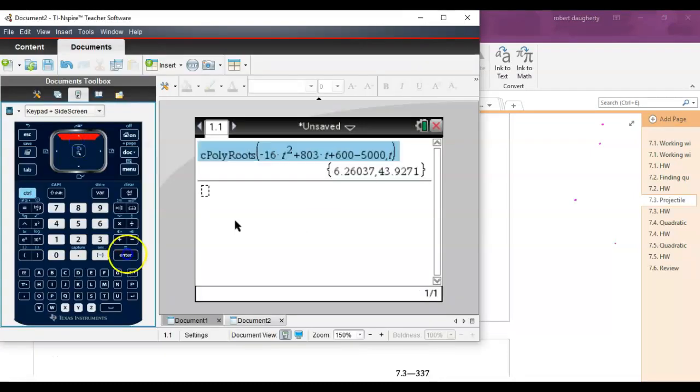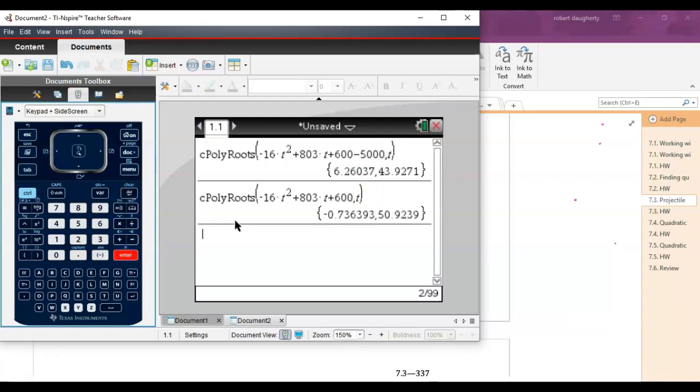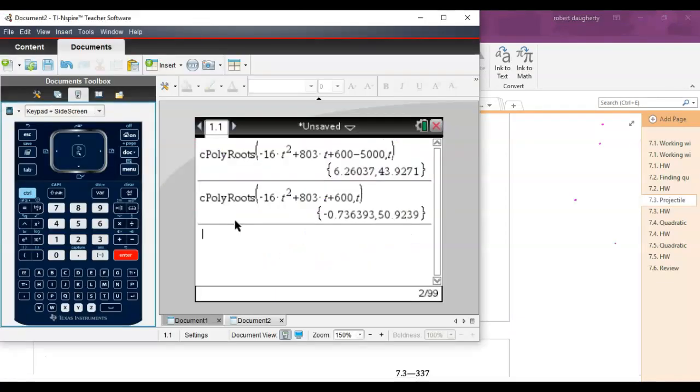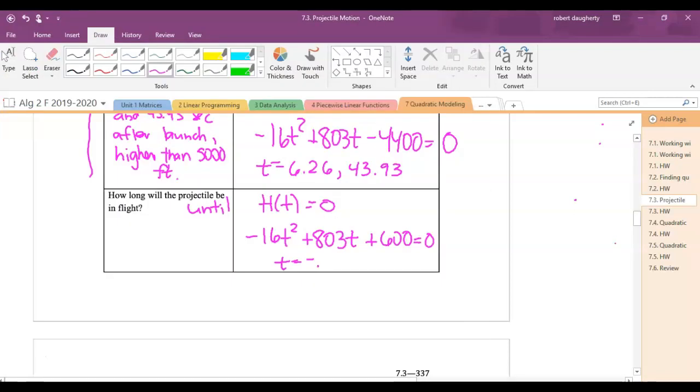I typed in a bunch of that stuff right there. If I could just back up and take out that 5,000, and that's what I'm after, okay? So it's negative 0.73 and 50.93.